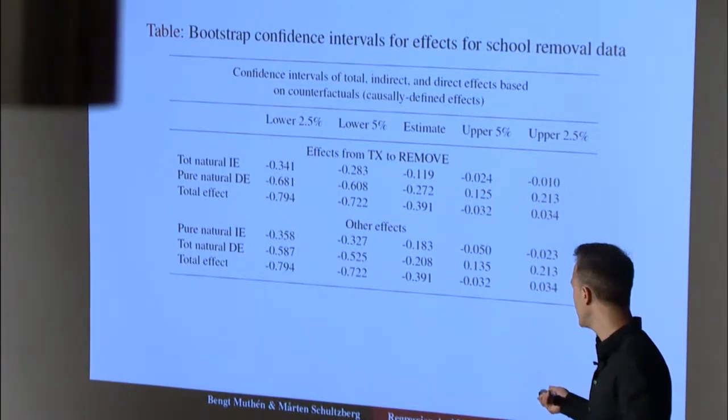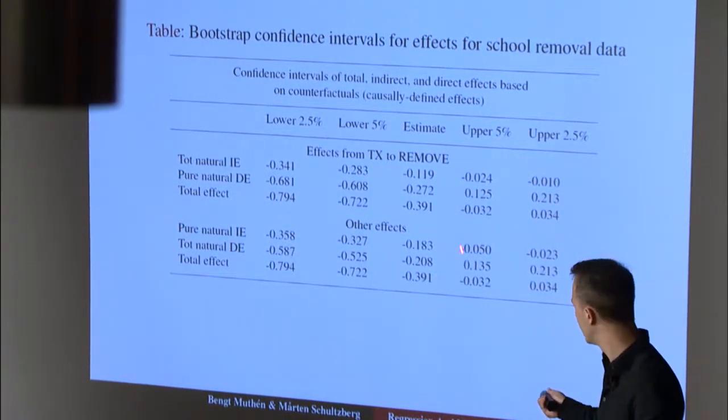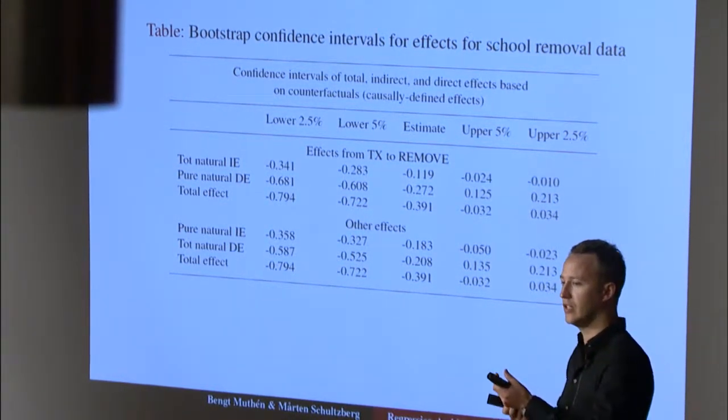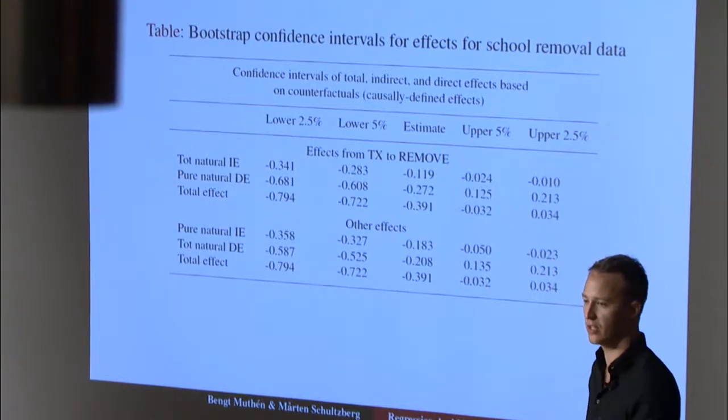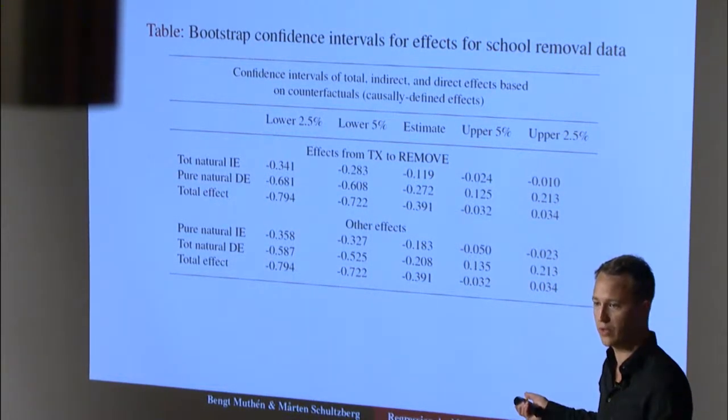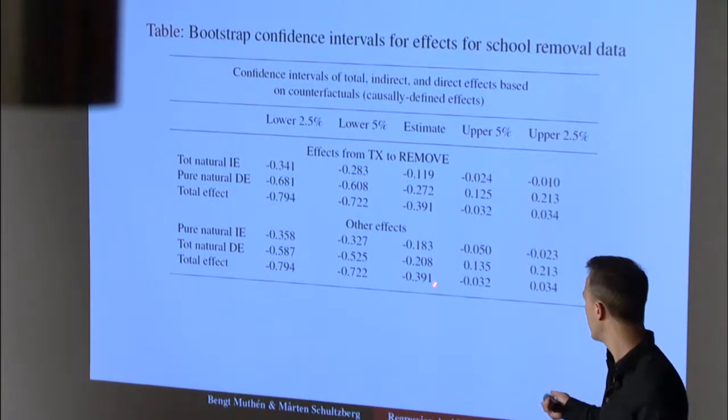And I just want to mention here, it says other effects. And these are, as Bengt said, you can decompose the total effect in different ways. So usually we will be interested in the upper ones here. These will be the primary interest usually. But you can sometimes be interested in these, and I just want to mention them because they are in the output, so you might think about what they are. And you can read about it in the book.